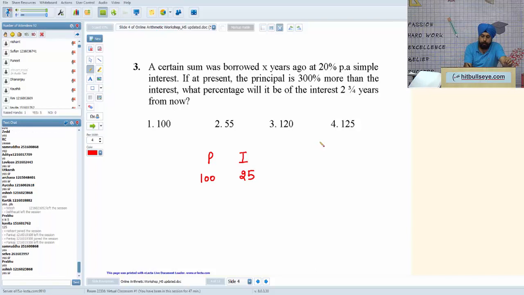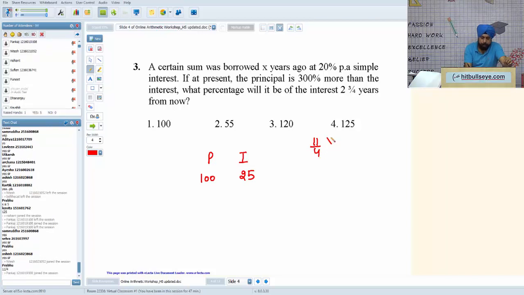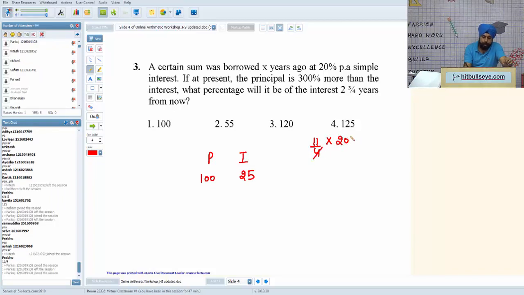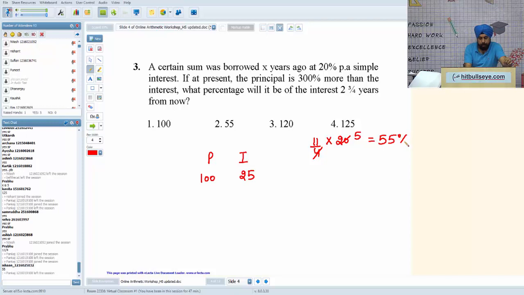Now students, 2, 3 by 4 years is 4 2s are 8 plus 3, 11 by 4 years. Right? Now 11 by 4 years, if you keep on calculating the interest at the rate of 20%, you will get a total interest which is equal to 55%. Now this point may be new for some of you students.